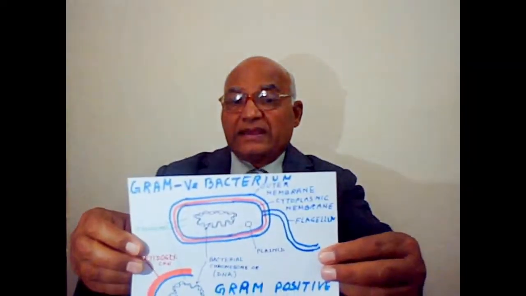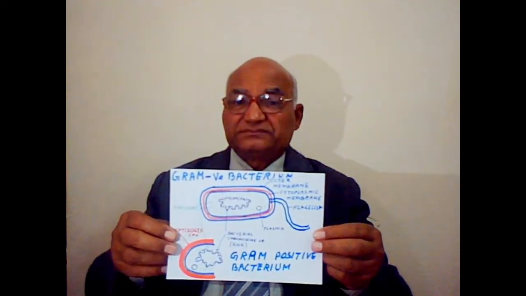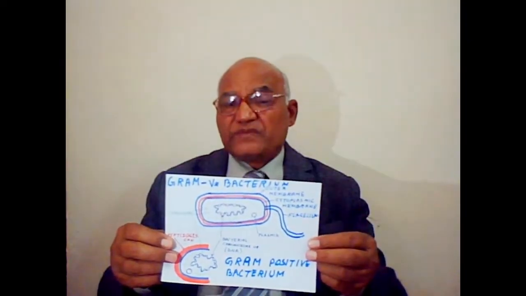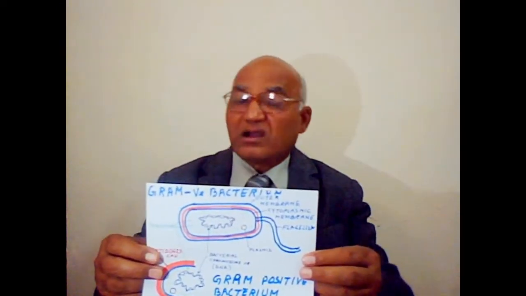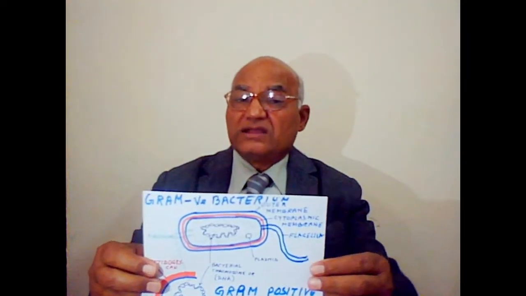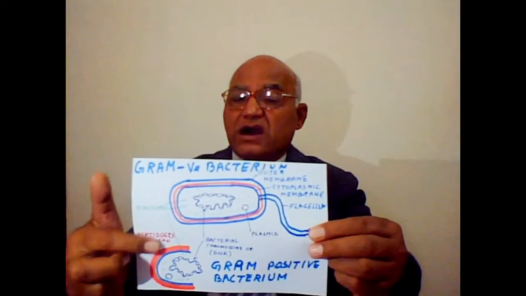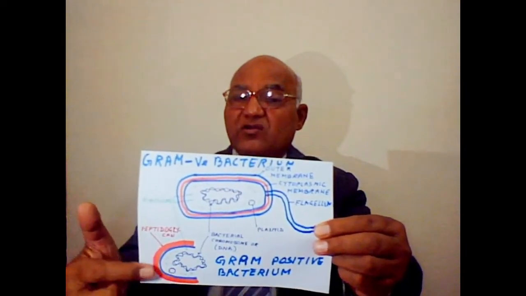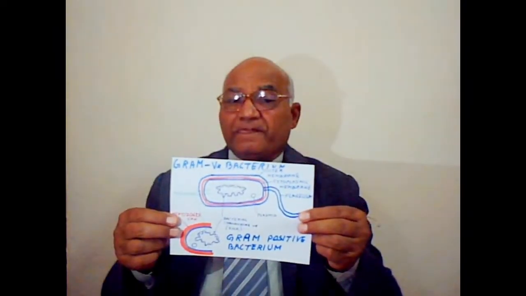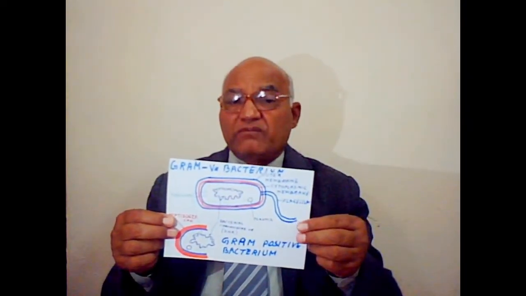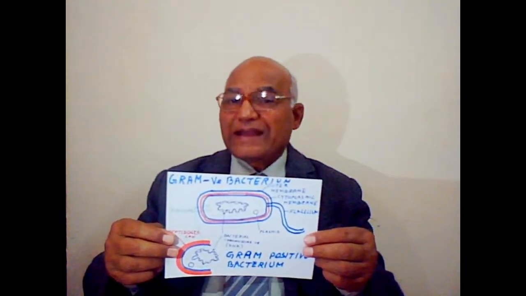So as far as their structure is concerned, gram-positive bacteria have got a wall outer to the cell membrane or plasma membrane. Here, the outer red colored one is the wall of the gram-positive bacteria, and inner is the plasma membrane. This wall is because of a chemical substance known as peptidoglycan.